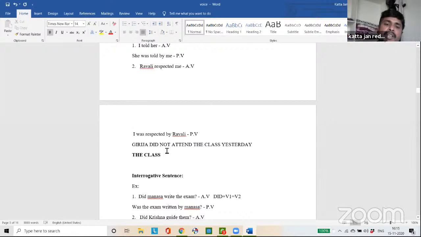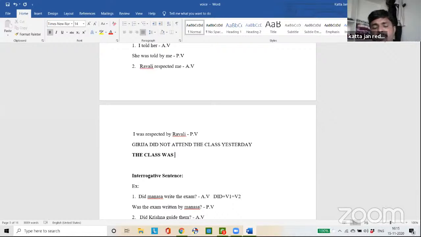What is the third step? Based on the tense, I mean the verb form, be forms are used. Here, did not means did plus V1, which means V2. So if V2 is was or were, I use was. Why was? Because class is singular. Class was. So third step is over.